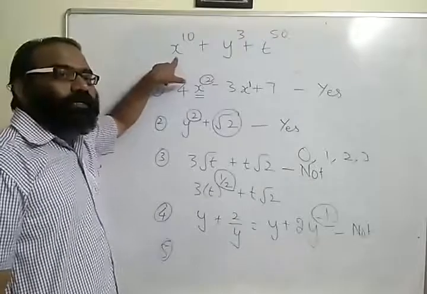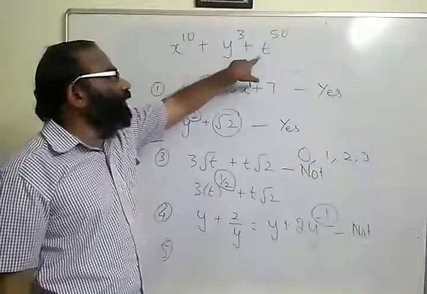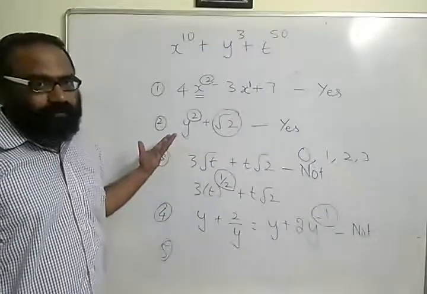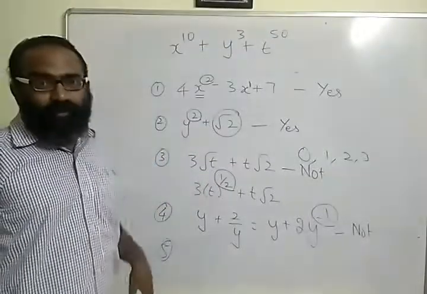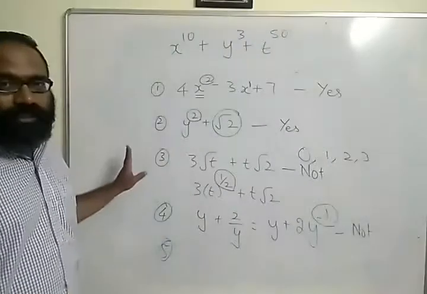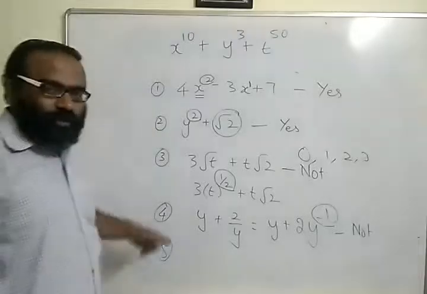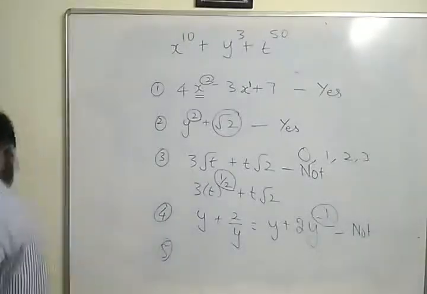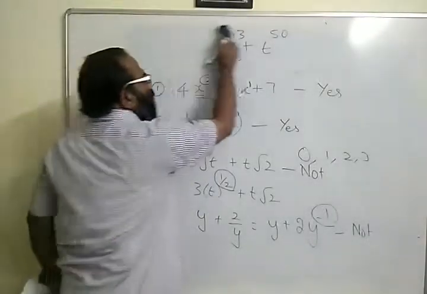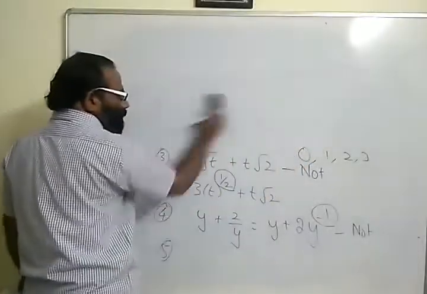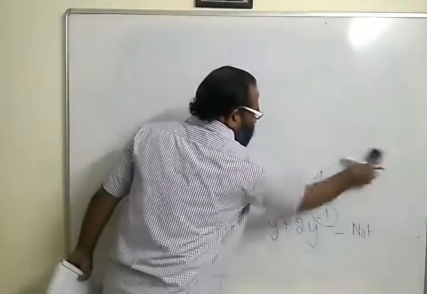How many variables are here? x, y and t, 3 variables. So it is not a polynomial in one variable. It is actually a polynomial in 3 variables, whereas the question that is asked is to find out all the polynomials in one variable. So this is how you would do this kind of question. This is the kind of reasoning that you should do to get the right answer.